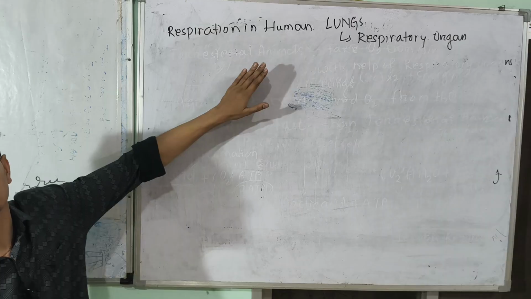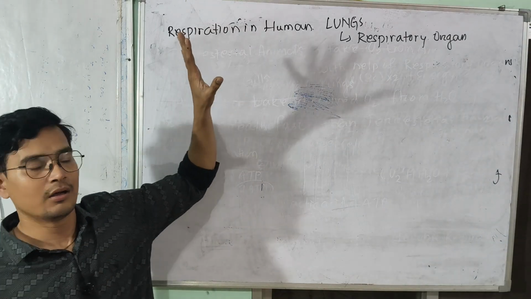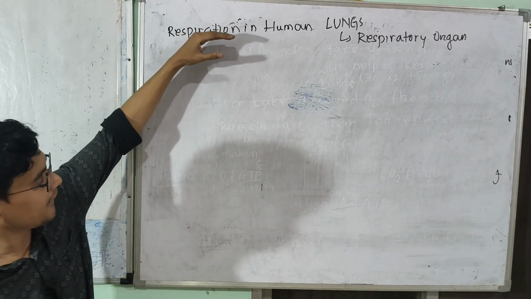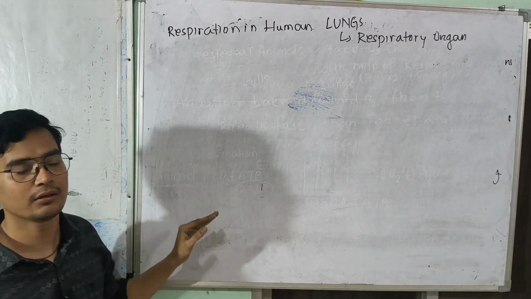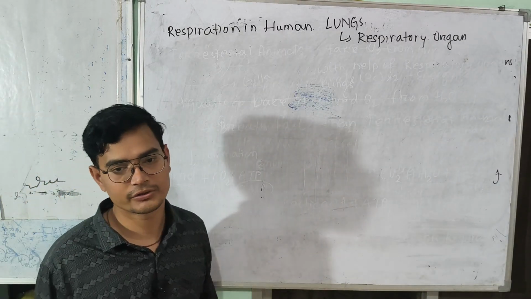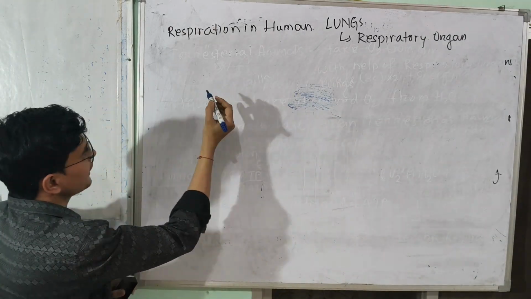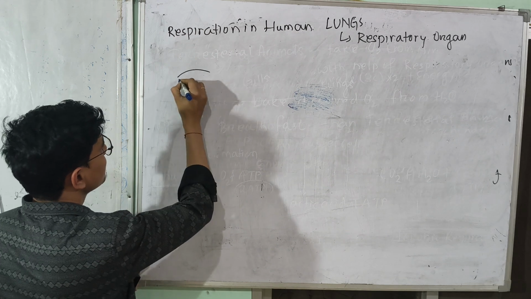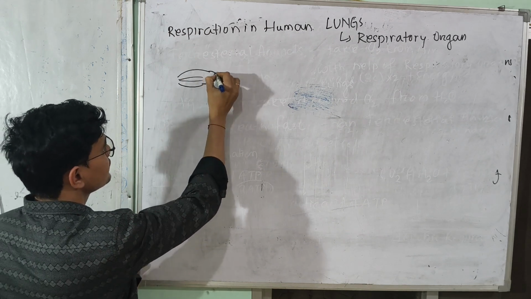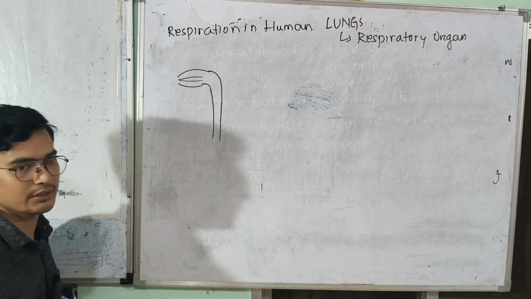Here we discuss the pathway of the respiratory organ, how air passes to the different parts of the lungs. First we draw the diagram. This is the nasal cavity, this is the buccal cavity, mouth, and this is the trachea.